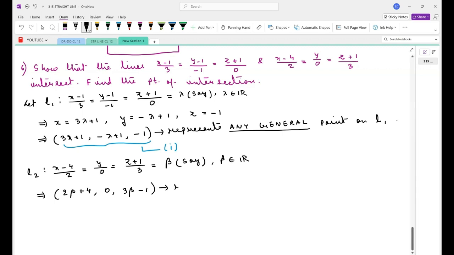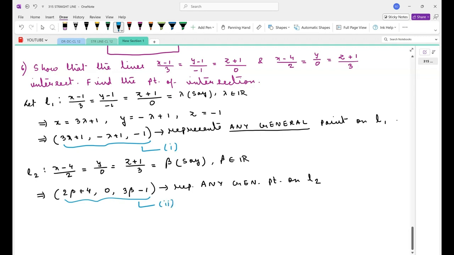This will represent any general point on L2. So suppose I number it 2.